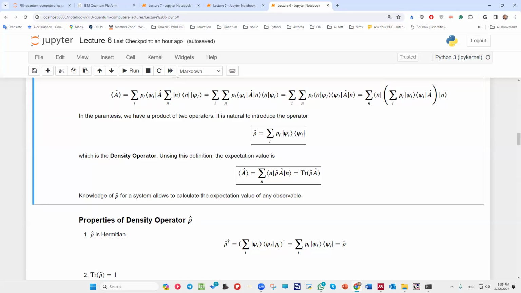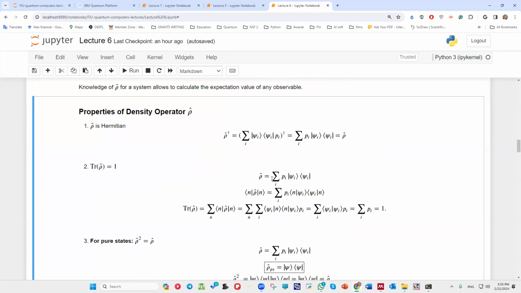We assume that they are normalized, so the norm of this vector is 1. However, we don't require that the vectors are orthogonal, so they can be not orthogonal. In fact, usually the mixed states are represented by non-orthogonal vectors.